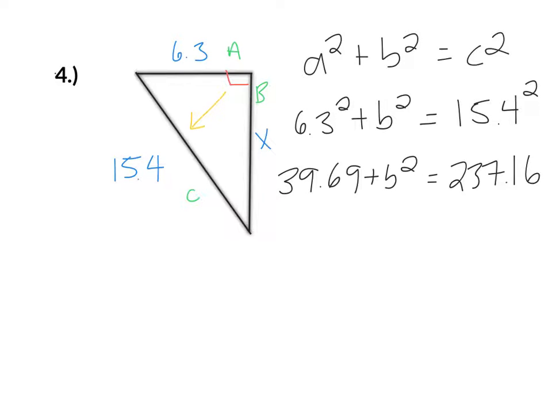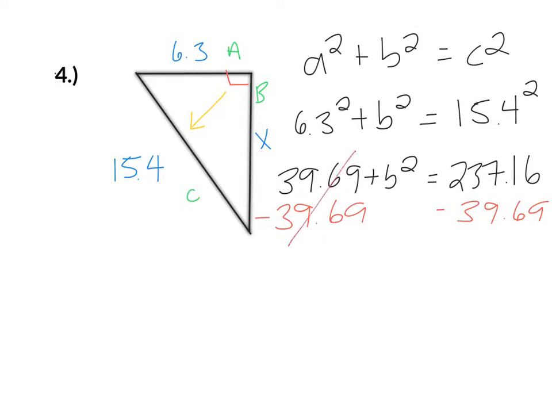Like we've done with everything else, we always need to get our variable by itself here, and we need to get B squared by itself. Okay, so B squared by itself, which means that we need to take the opposite of 39.69 and subtract it to both sides.